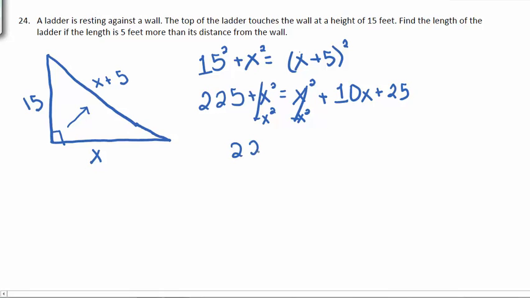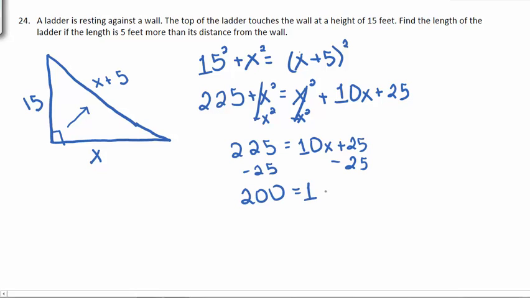So 225 is equal to 10x plus 25. Subtracting 25 from both sides then gives me that 200 is equal to 10x. Dividing both sides by 10 gives me that x is equal to 20.